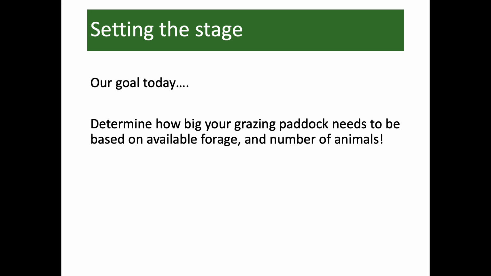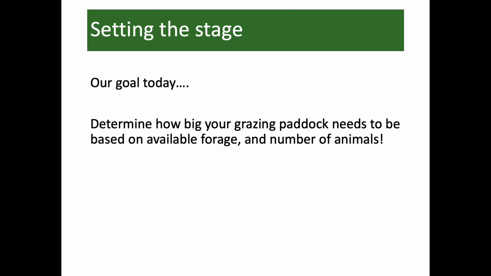And then we're also going to assign your group a percent utilization. So how much of that forage are they actually going to utilize? Your paddocks are going to be a set width. So what you are really trying to figure out is how long you need to make your paddock so that the animals in your group have enough forage to get through their grazing period.